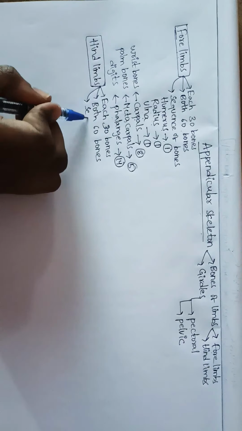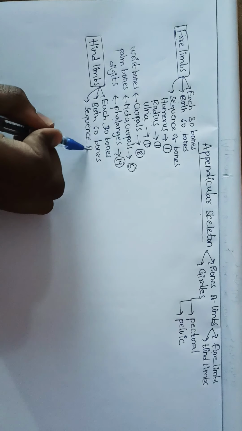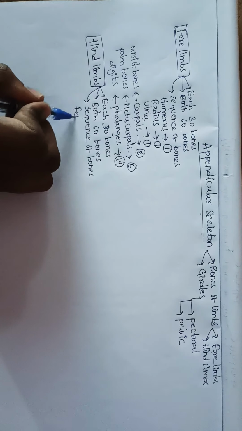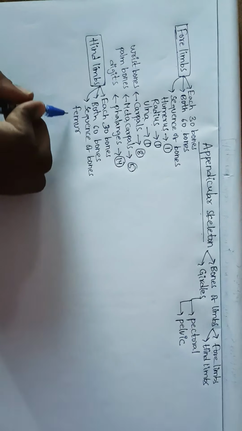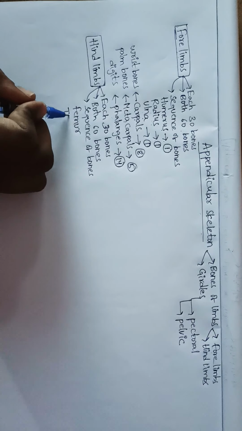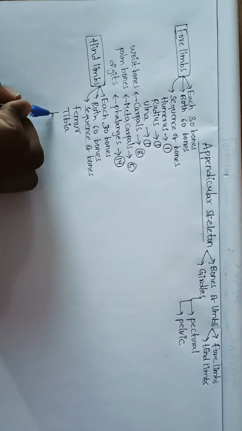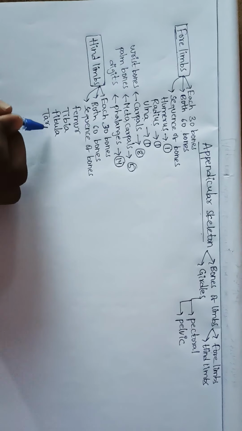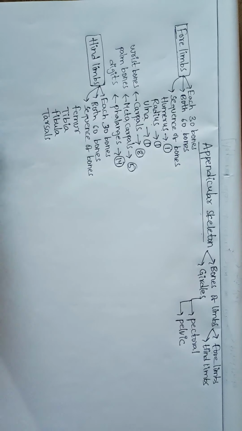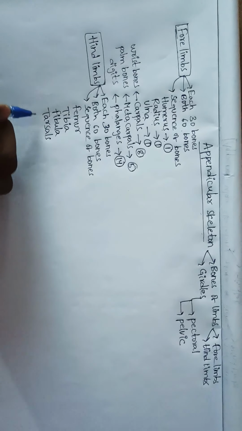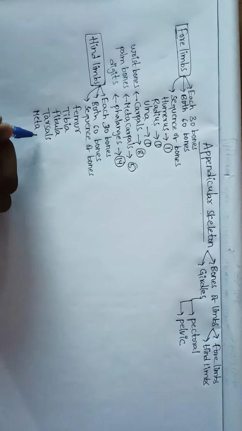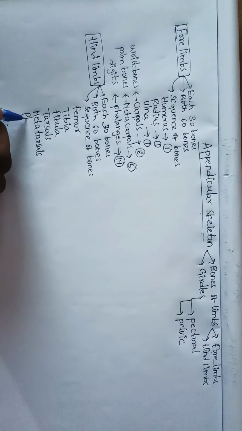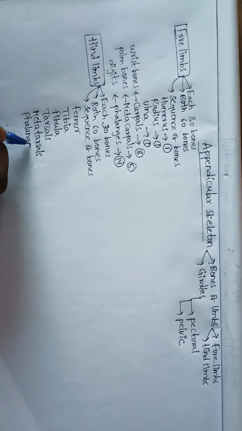The sequence of bones in the hind limb is femur, tibia, fibula, tarsals, metatarsals, and phalanges or digits.